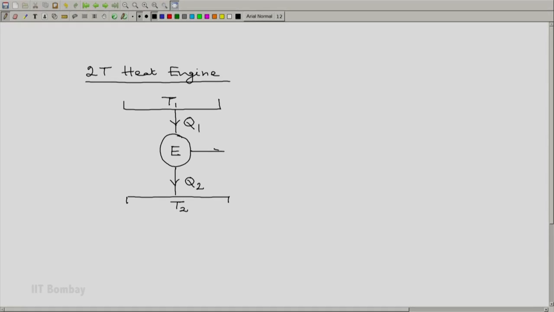And of course, it is an engine, so it has to produce net work output which is greater than 0. Now, what are the consequences of this? Let us apply first law. W net now would be equal to Q1 minus Q2, and since this is greater than 0, we can say that in magnitude Q1 would be greater than Q2.